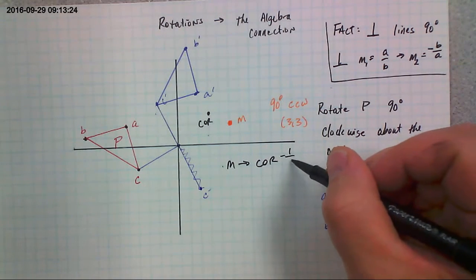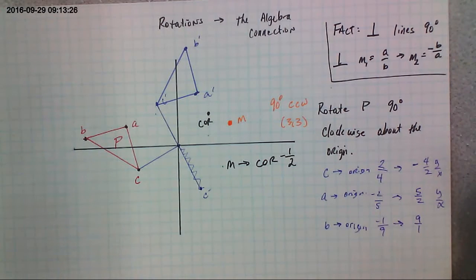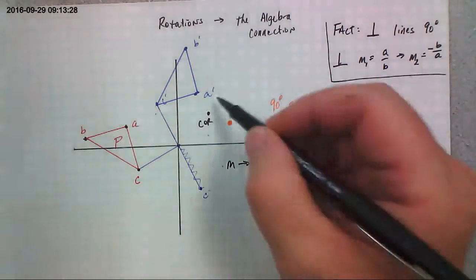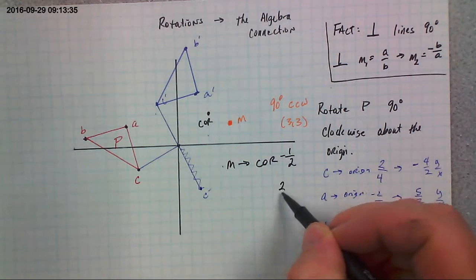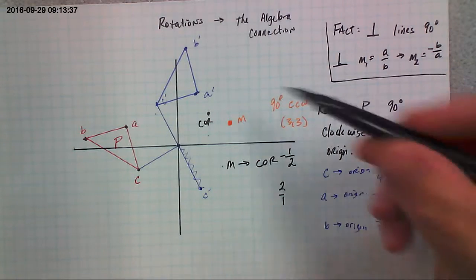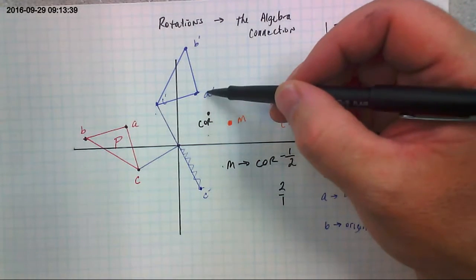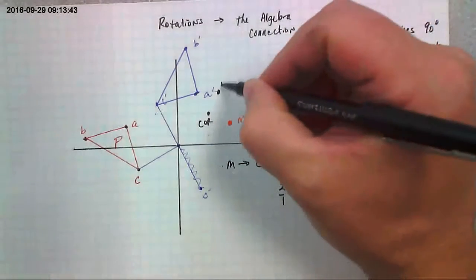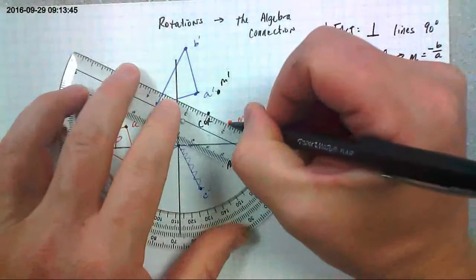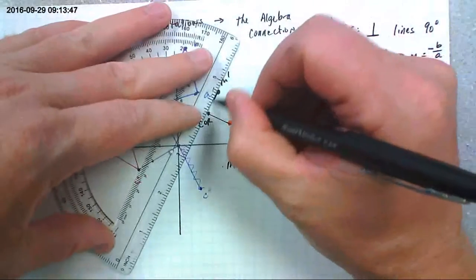So that's a slope of negative 1/2 from here to here, right? And so then the negative reciprocal of that is 2 over 1. So starting here, I'm going to go up 1, 2, and over 1. That's a 90-degree rotation. And if you don't see it, there it is.